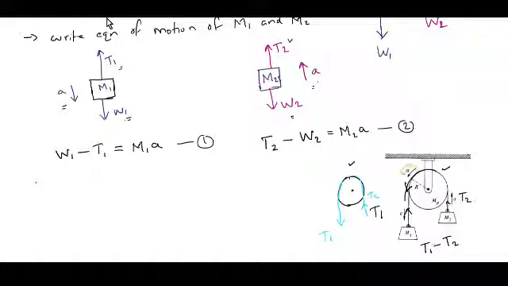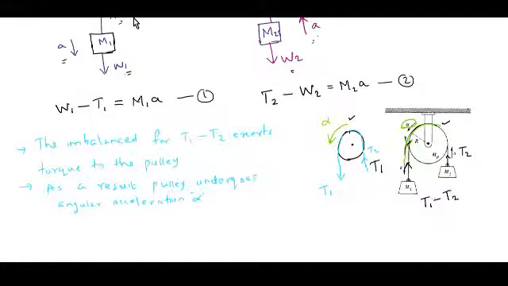We call it alpha. The pulley starts to rotate in this direction, anti-clockwise, denoted by angular acceleration alpha. Let me note down this point here. That is, the imbalanced force T1 minus T2 exerts torque to the pulley. As a result, the pulley undergoes angular acceleration alpha.